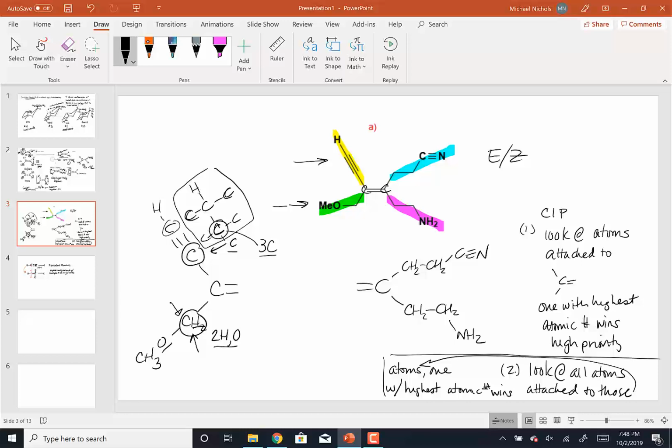The rule is that you look at all the atoms, and the singular atom that has the highest atomic number wins. That singular atom is O. So O beats H, O beats C, so this group wins the high priority.